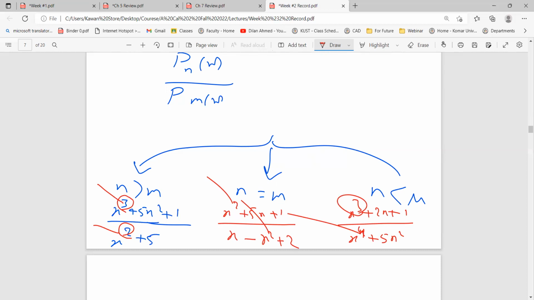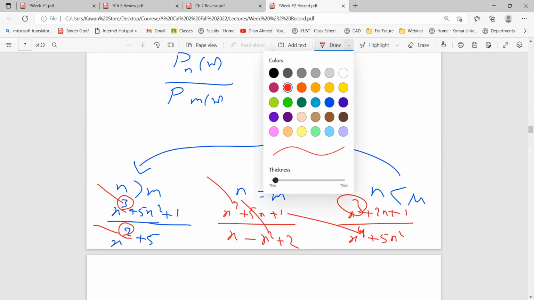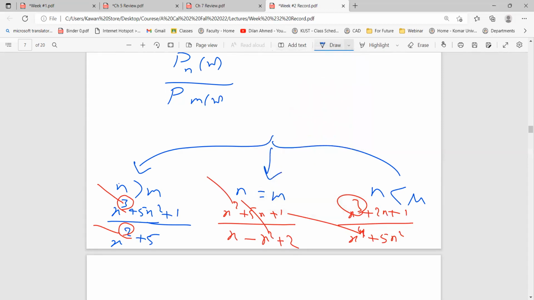We have these three cases. In the first two cases, if the numerator is greater or they are equal, it's better to use long division. These two cases need long division.